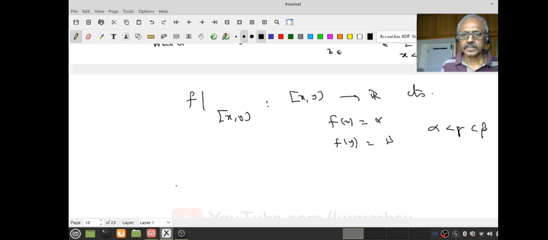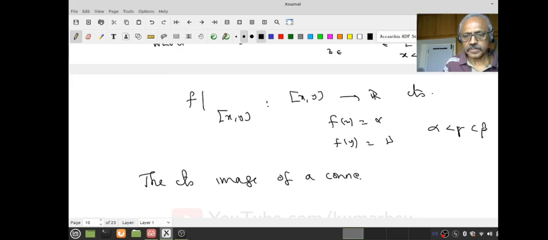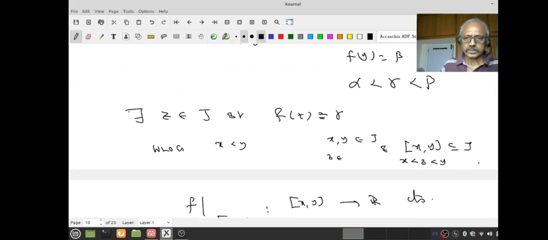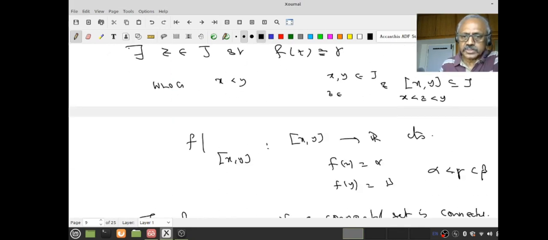Alright? Now, since this is continuous, we had already seen that the continuous image of a connected set, that is, the image of a connected space under a continuous map, is connected, right? So since we know this interval is connected, this is all we needed.